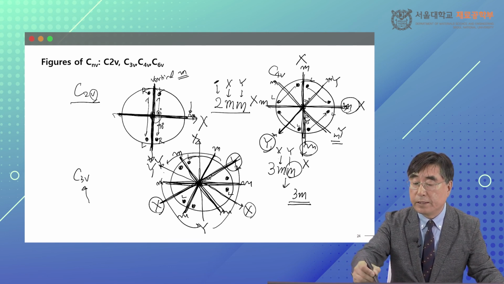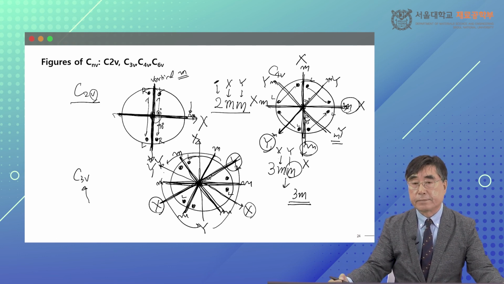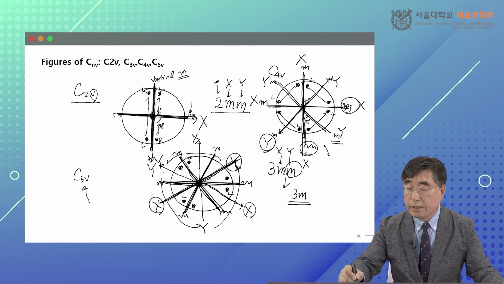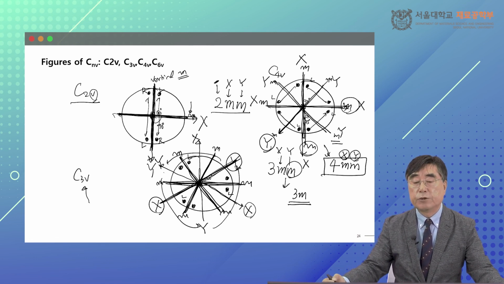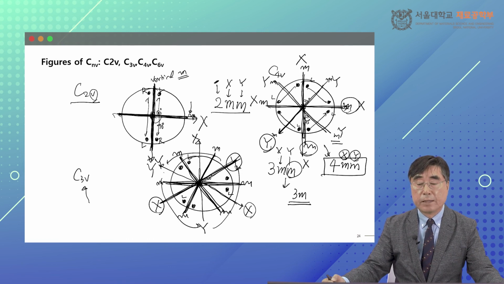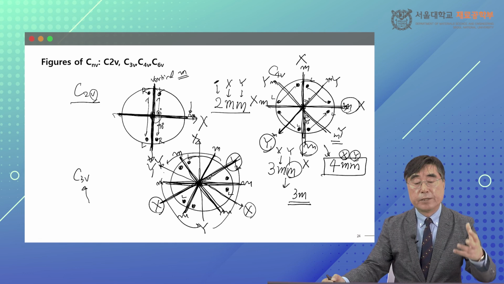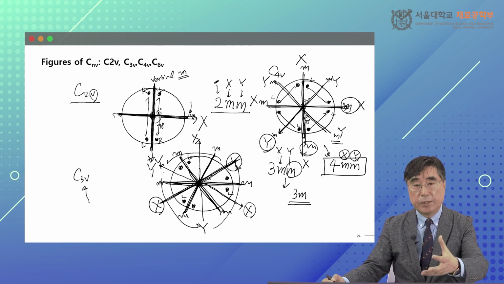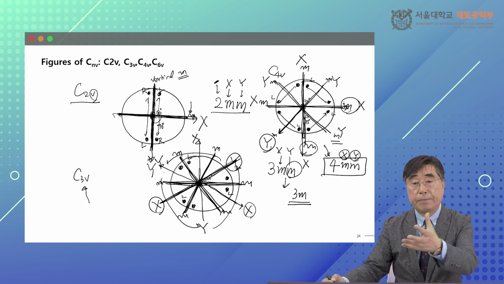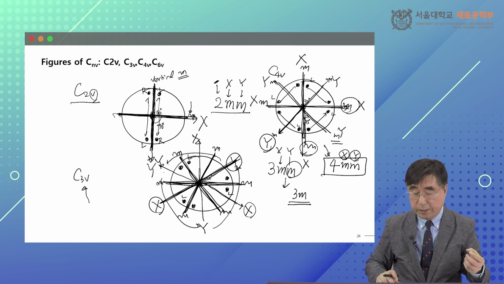Now you have to define these 4 axes. So international symbol-wise, this one is defined as 4m, 4 sets of x-axis, and m, 4 sets of y-axis. So this is the international symbol of C4V. Okay, if you do it, you will see C6V also has 6mm symmetry elements in the international symbol-wise.